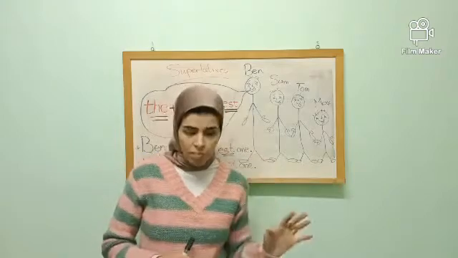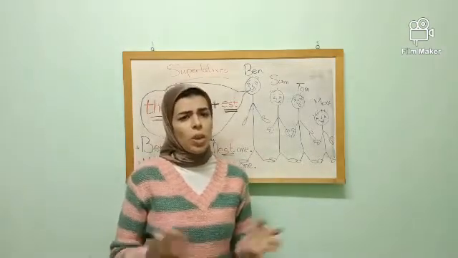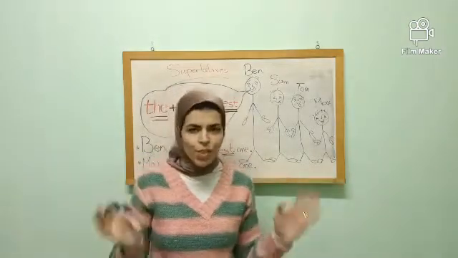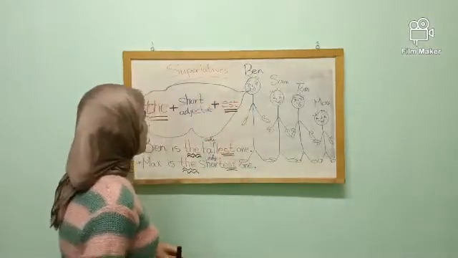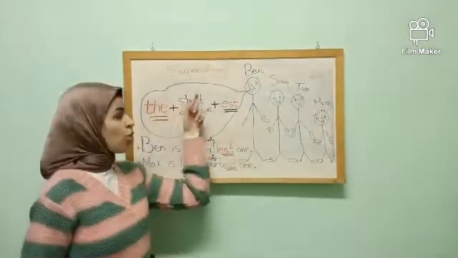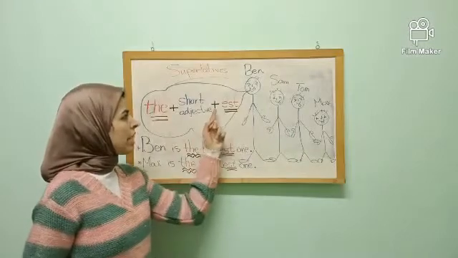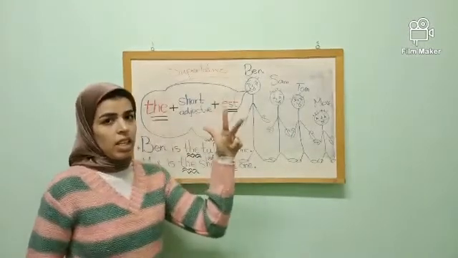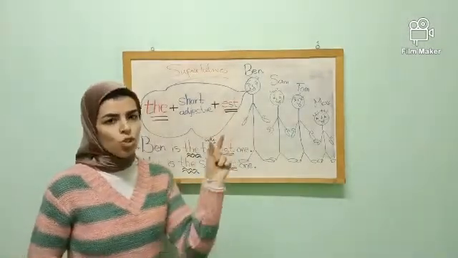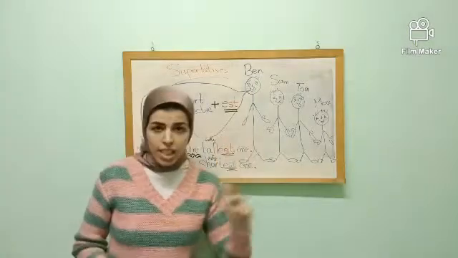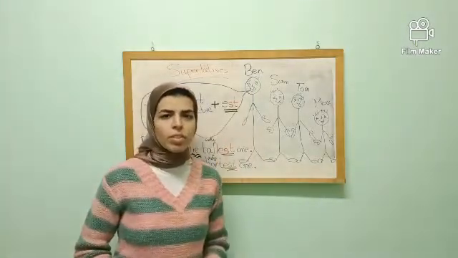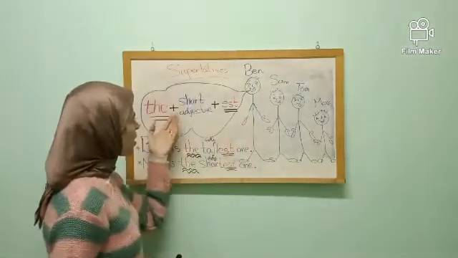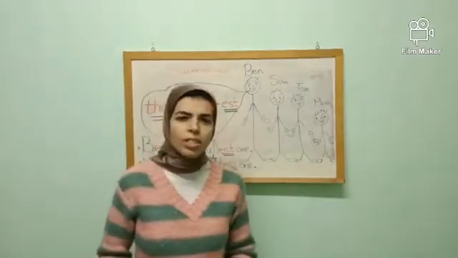One and many. So how we can make it? It's very easy. Look here, we have the short adjective plus est. The short adjective est. Very simple. But here, short adjective?